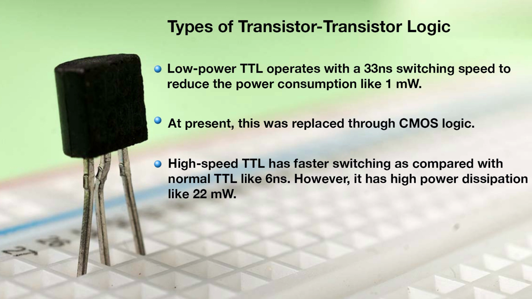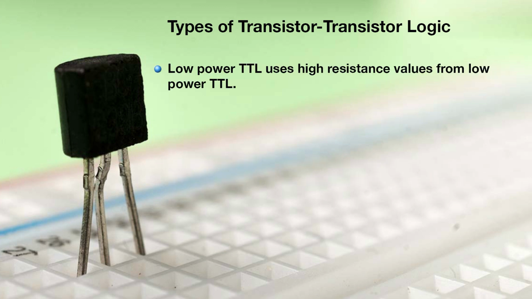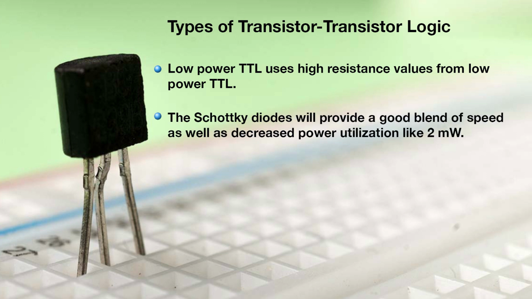However, it has high power dissipation, like 12 milliwatts. Low power TTL uses high resistance values. For low power Schottky TTL, the Schottky diode provides a good blend of speed as well as decreased power utilization, like 2 milliwatts.